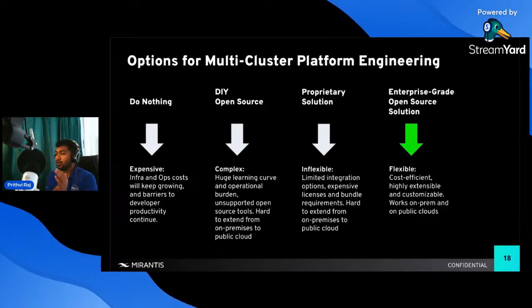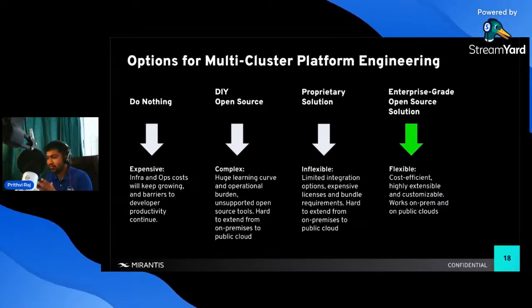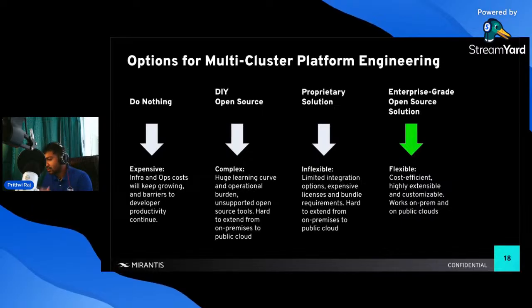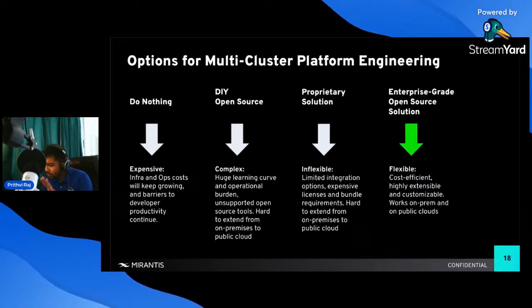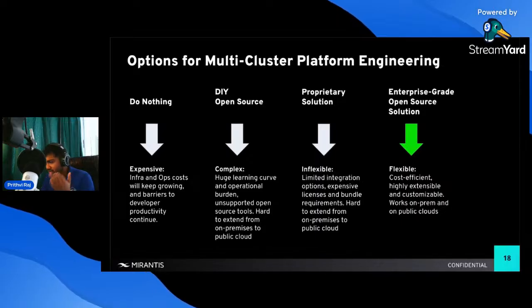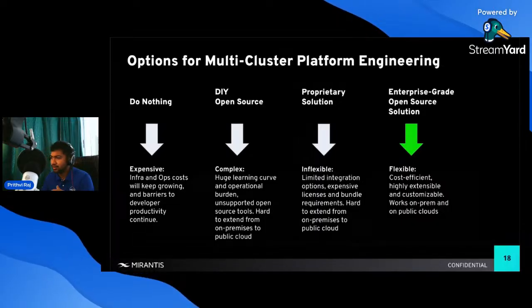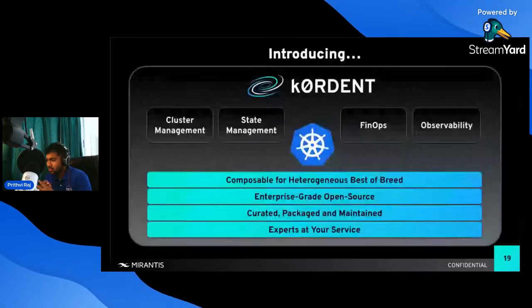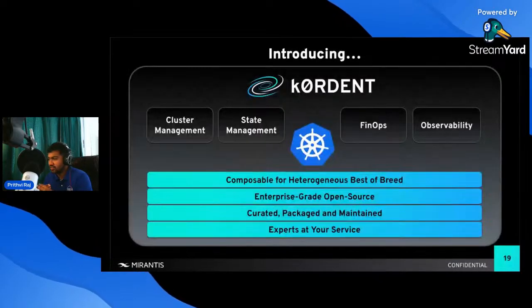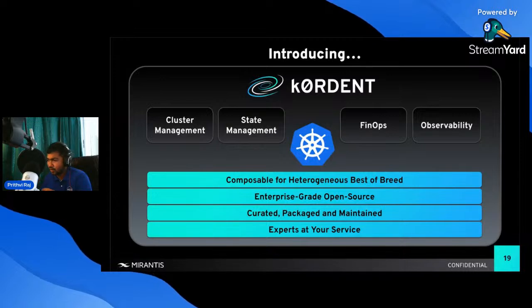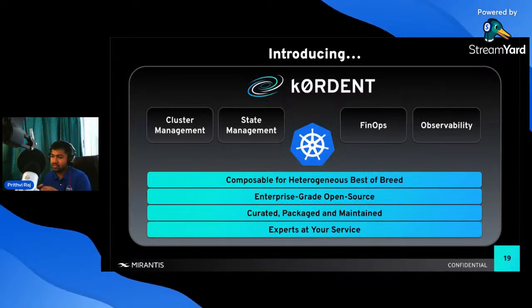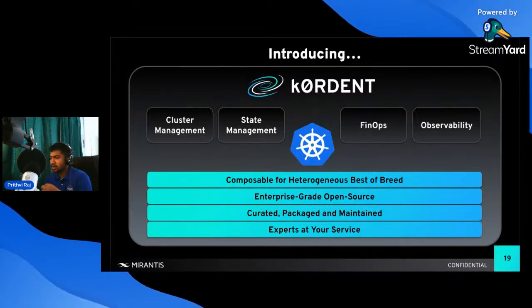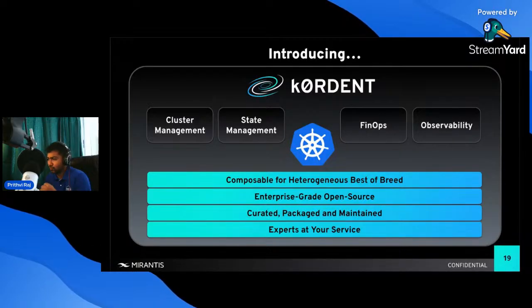Now, when I talk about DIY, you could have built it yourself. But if you talk about what's there in the community, that is where perhaps the idea came up, and where we were building k0s as a simpler Kubernetes distribution, came in Kordent, because the biggest burden was inconsistent cluster provisioning across different clouds, AWS, Azure, GCP, OpenStack, VMs, bare metals, with their own APIs, tools, fragmented workflows.